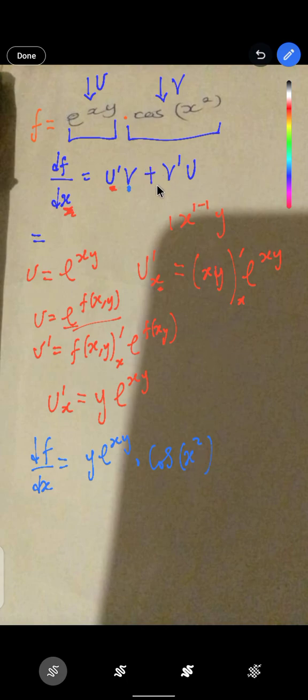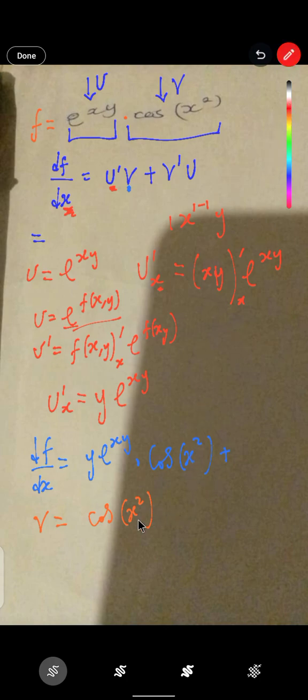Then here there is a plus. Then again, now you need to find v prime. So v is equal to cos x squared, and you want to find v prime.